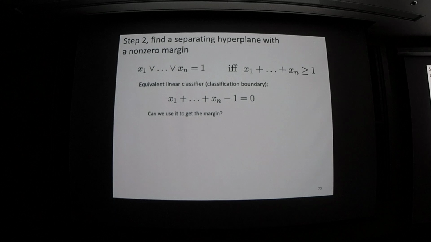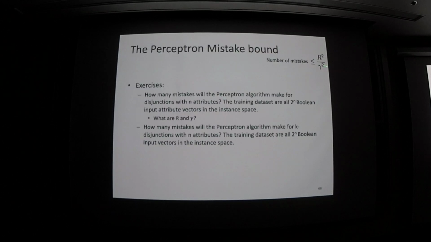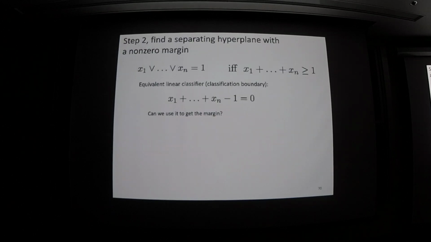We immediately get a linear classifier, x1 plus x2 to xn minus n equals 0. Now the question is, can we use it to get a gamma in our mistake bound?